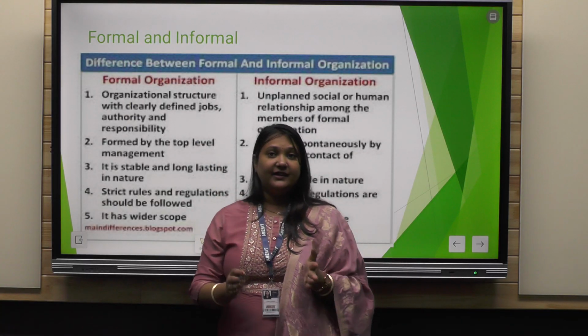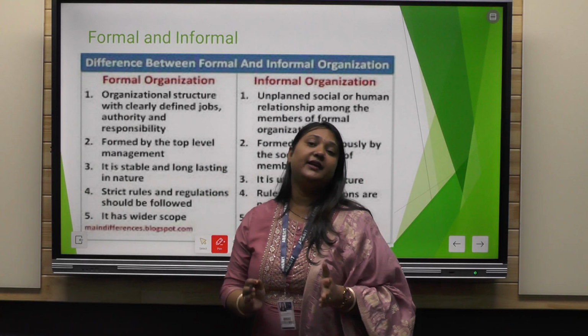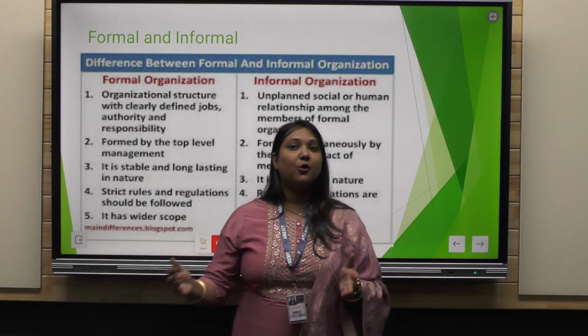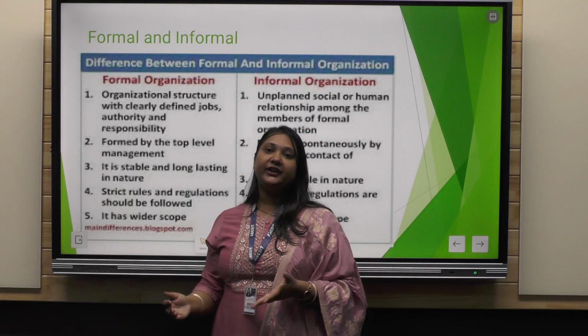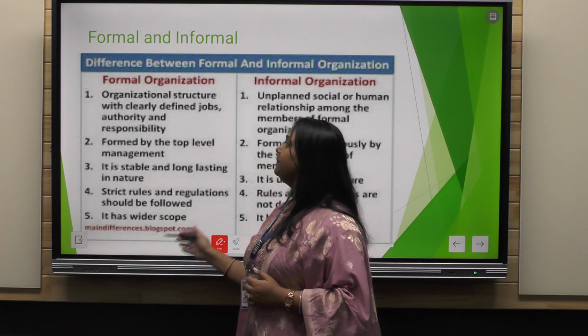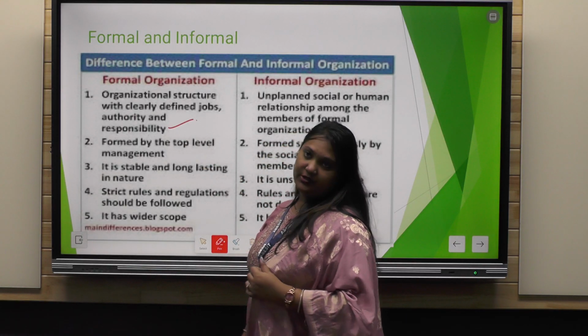There should be a line that maintains dignity and a proper alignment of tasks and authority to an employee, so that they can work in an appropriate way. That is called a formal organization.